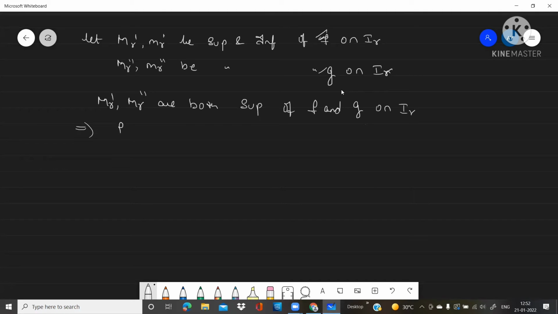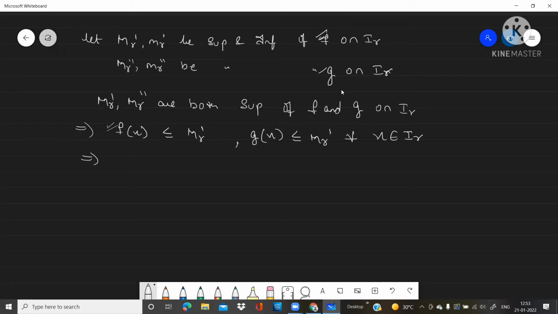So, f of x is less than or equal to capital MR dash, and g of x is less than or equal to capital MR double dash, for all x belonging to IR. If you want to know why I am writing less than or equal to, you have to know the definitions of supremum and infimum. If you do not know, please go through the definitions and learn, because I have already explained them.